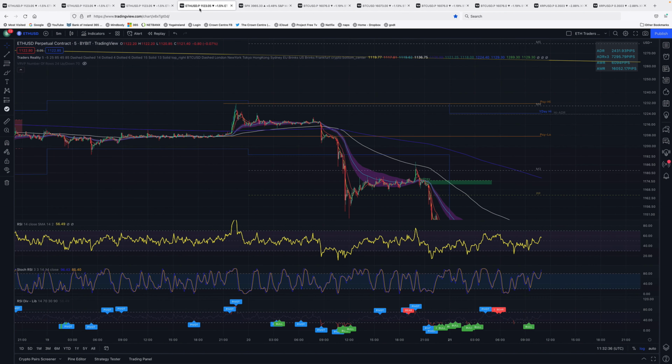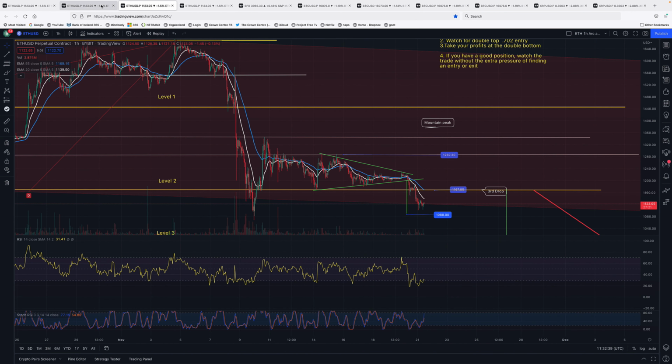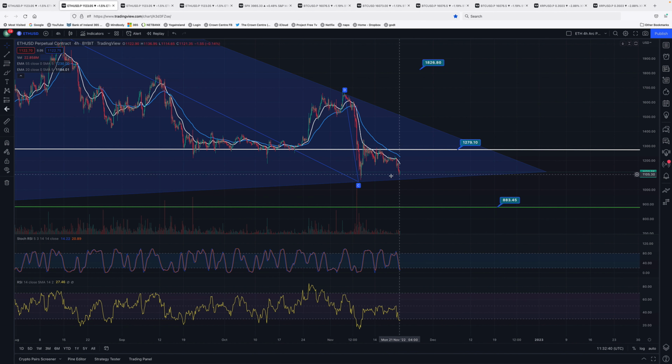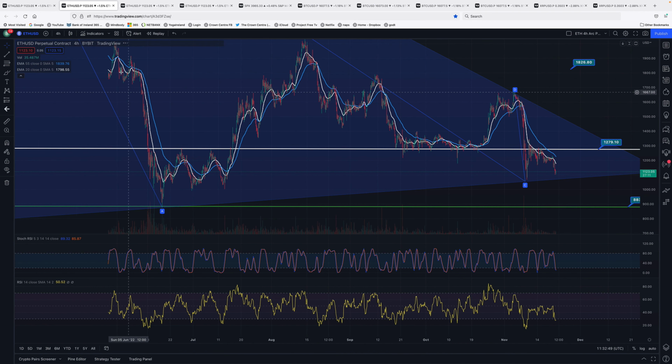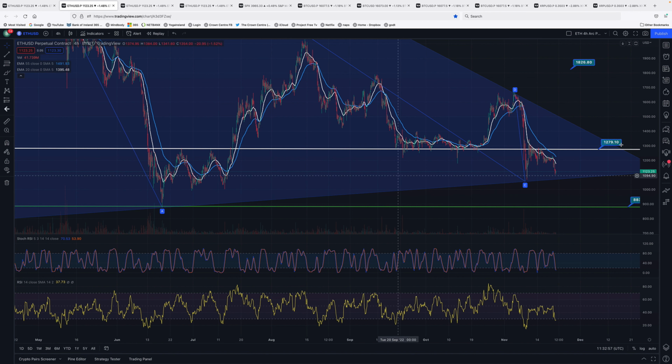But yeah, here we are with the 4-hour. It's hard to read the relationship that price action has with this 4-hour, because it's very, very close. To me, it is one of these situations where it's really close to the 20 and then comes back down and does another leg down.